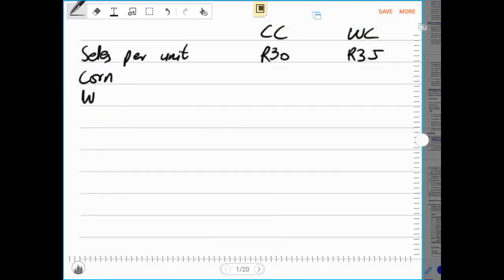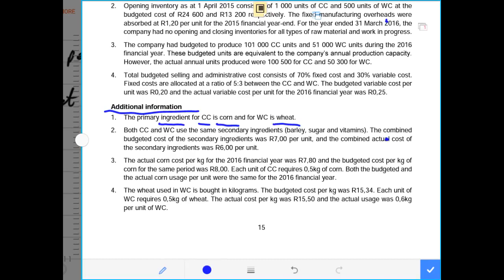So there will be corn somewhere and there will be wheat somewhere, which is the cost of manufacturing these two products. So I'm allocating this under the cost per unit, or under the standard cost per unit, or standard information per unit.